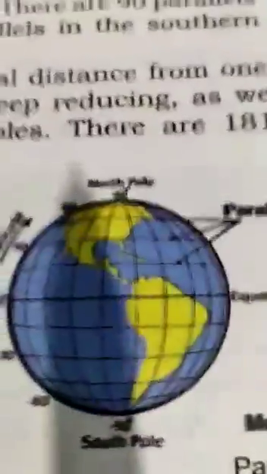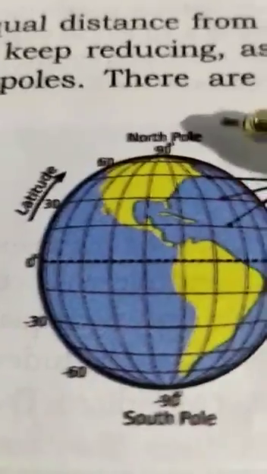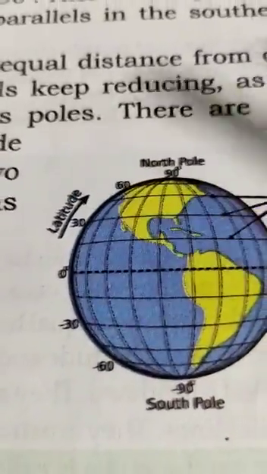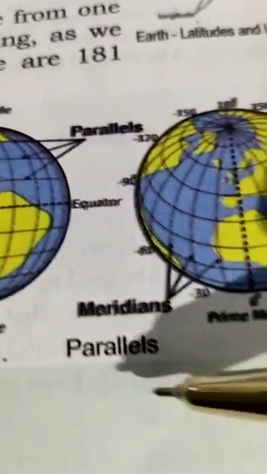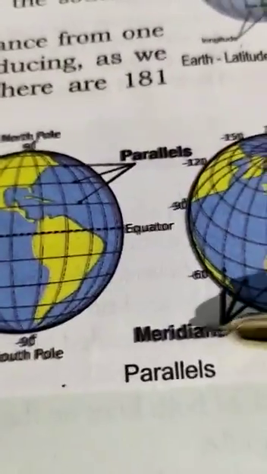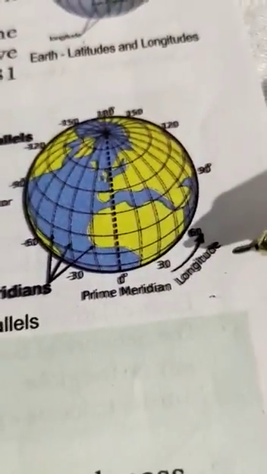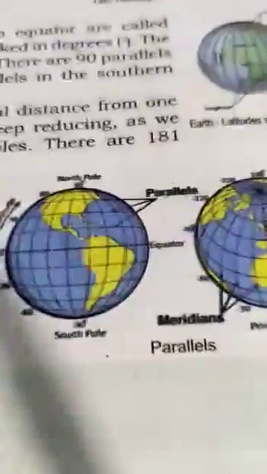This is the picture you see. This is North Pole, this is South Pole, this is latitudes, this is parallels, this is meridians, prime meridian, this is longitude.